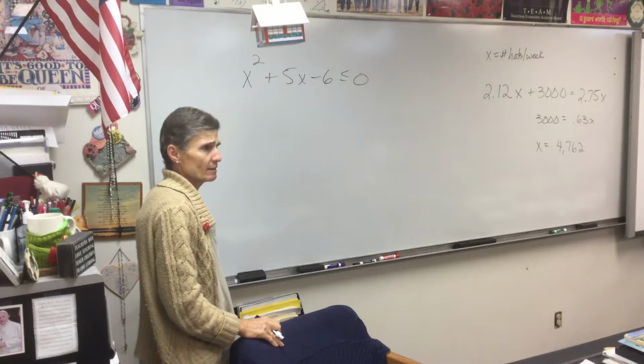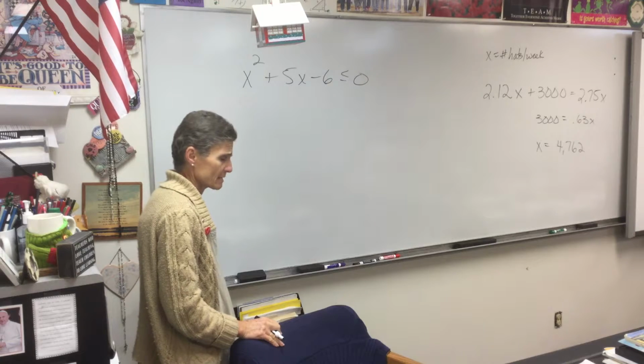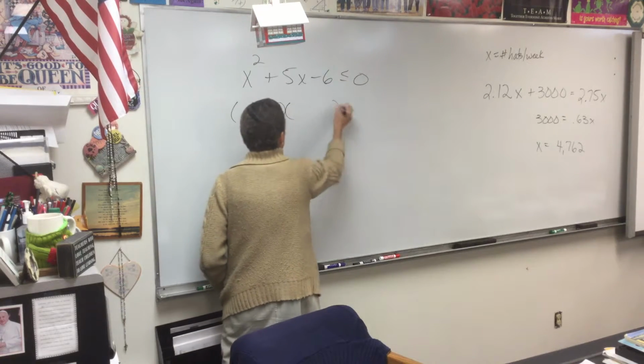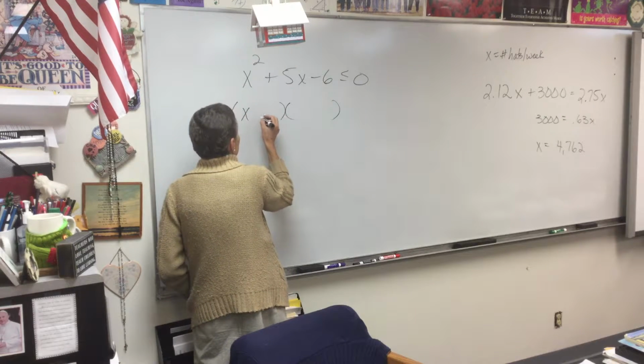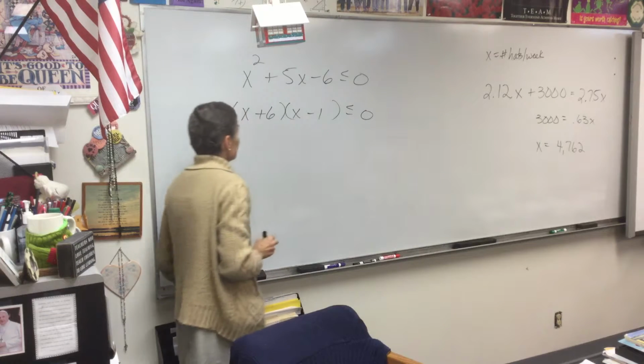I don't think we did these earlier. Sometimes we do these back in chapter 1. I can't remember. Does that look familiar? I know you know how to factor it, right?